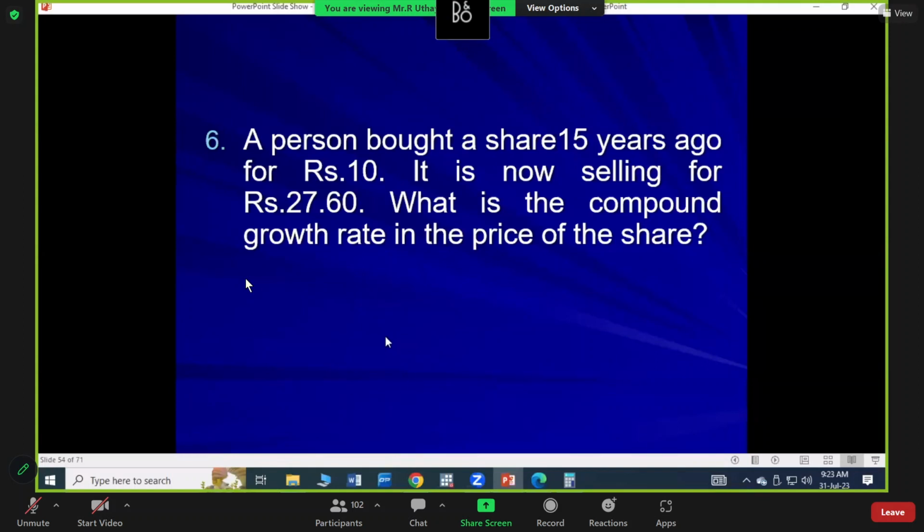The answer is given as 7%. But you want to work it out to get the answer.